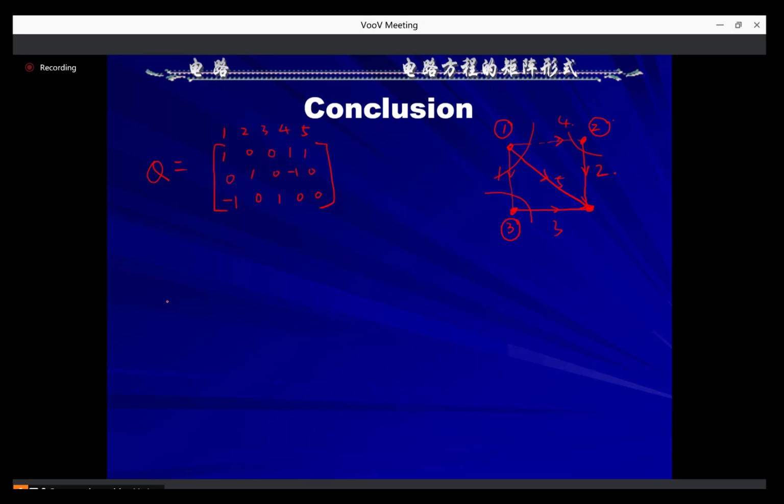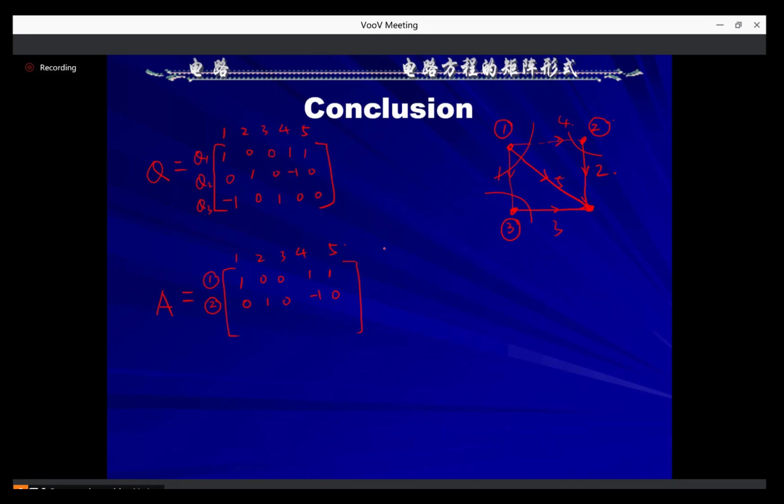When we write the matrix A, insert the matrix A, with rows node 1, node 2, node 3 and columns 1, 2, 3, 4, 5. For node 1, it will be 1, 0, 0, 1, 1. The node 2 will be 0, 1, 0, minus 1, 0.